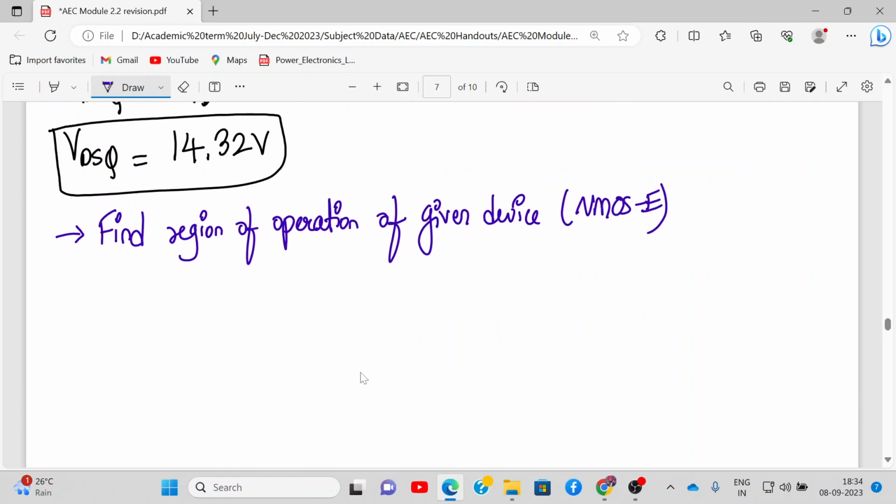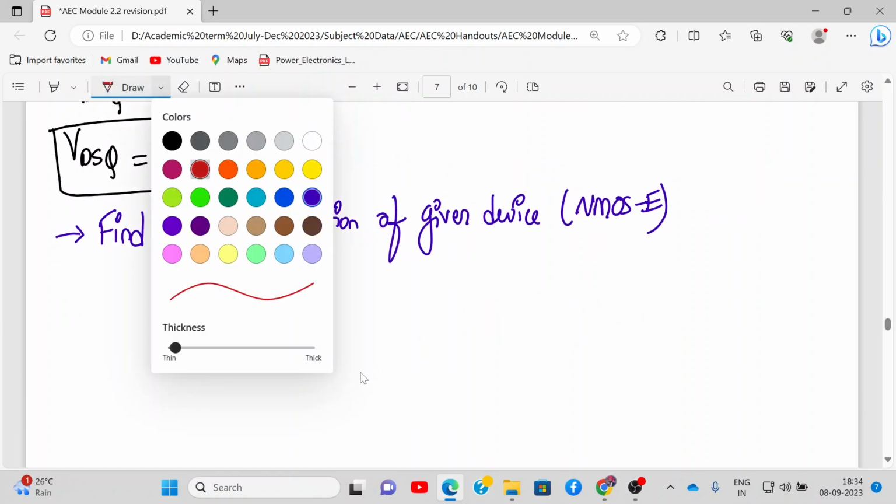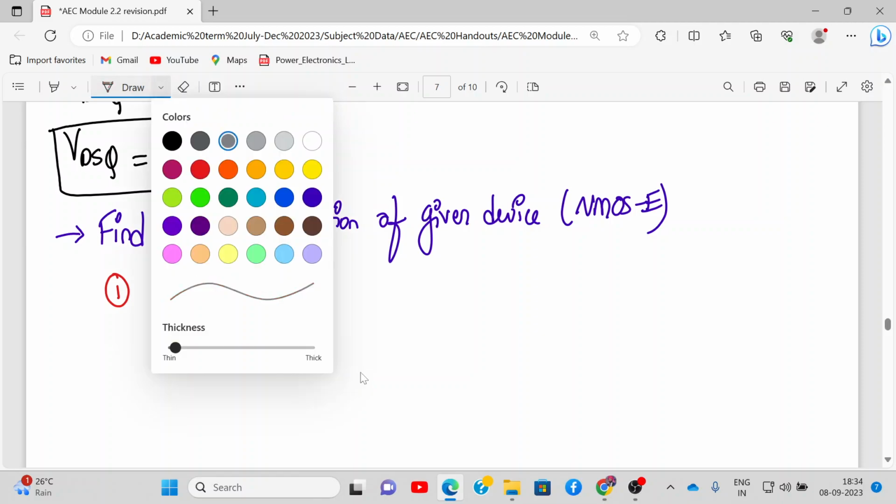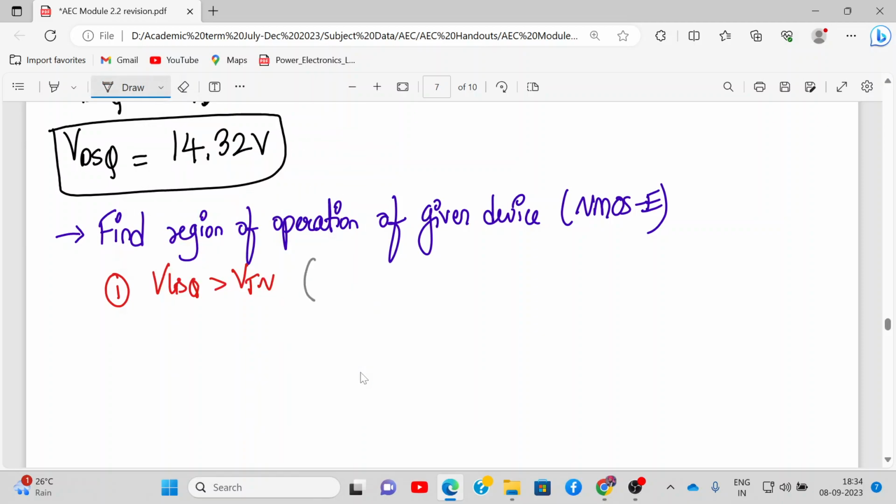Okay, how do we do that? Number one condition to check is whether VGSQ is greater than VTN. So is it true? VGSQ is how much? 12.48. Is it greater than 5 volt? Yes. So this condition is satisfied. Okay, what is the second condition?